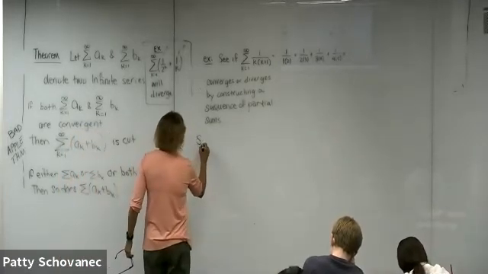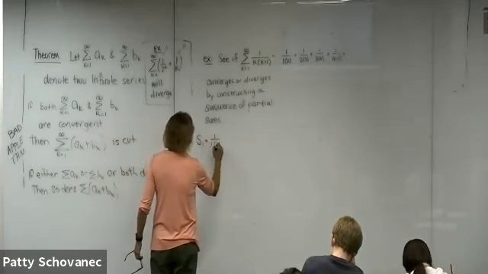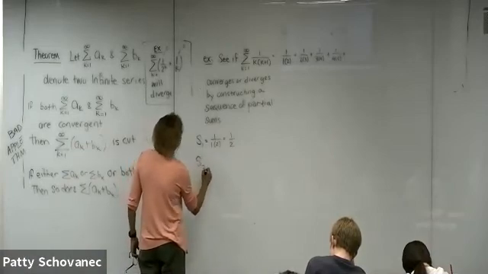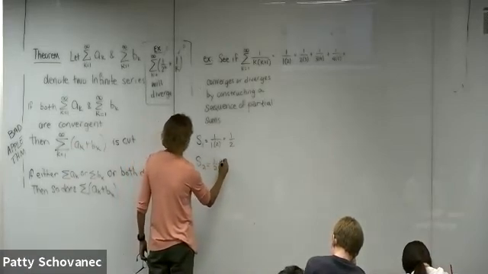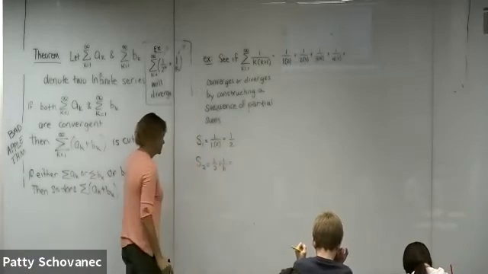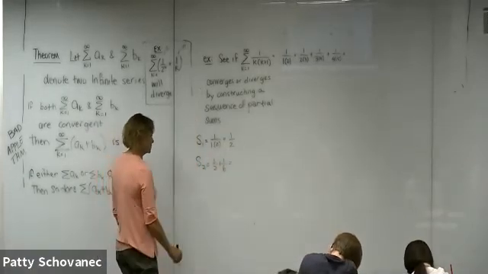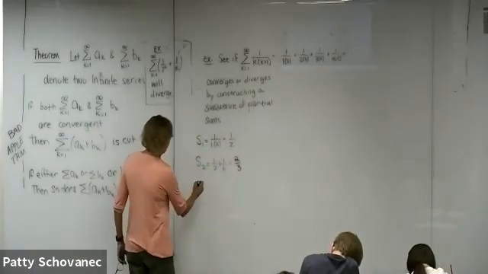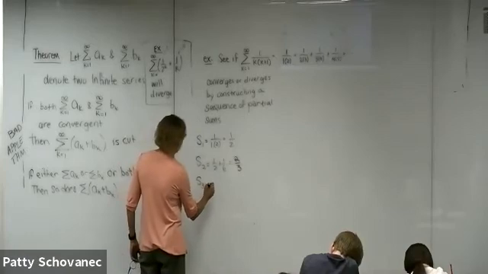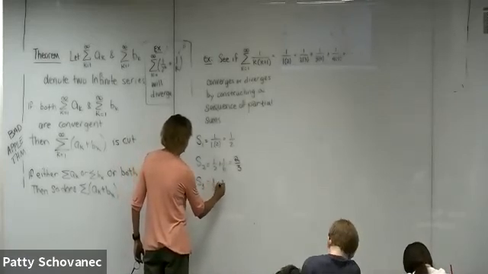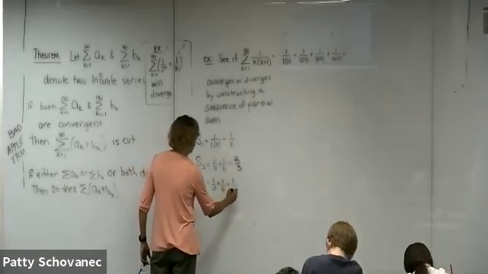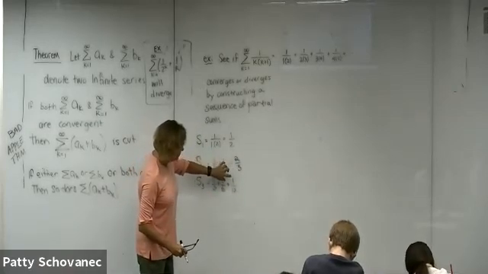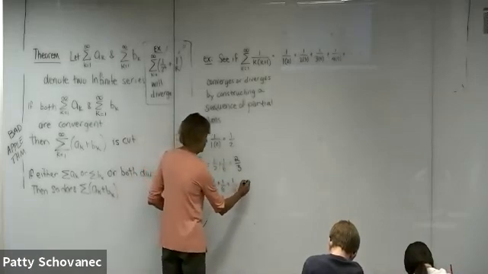S1 is just 1/2. S2 is going to be 1/2 plus 1/6, which is 4/6, or 2/3. The sum of the first three is a half plus a sixth plus 1/12, which is 9/12, or 3/4.